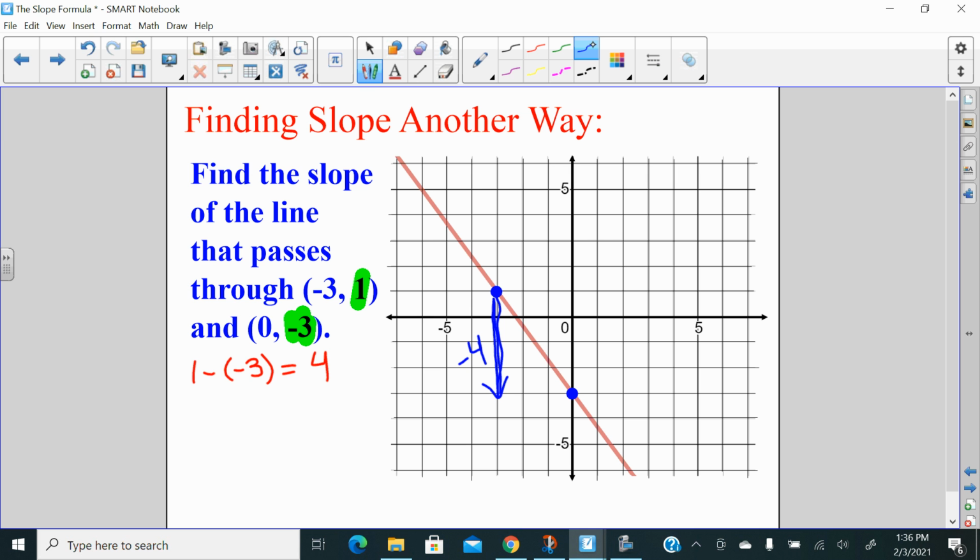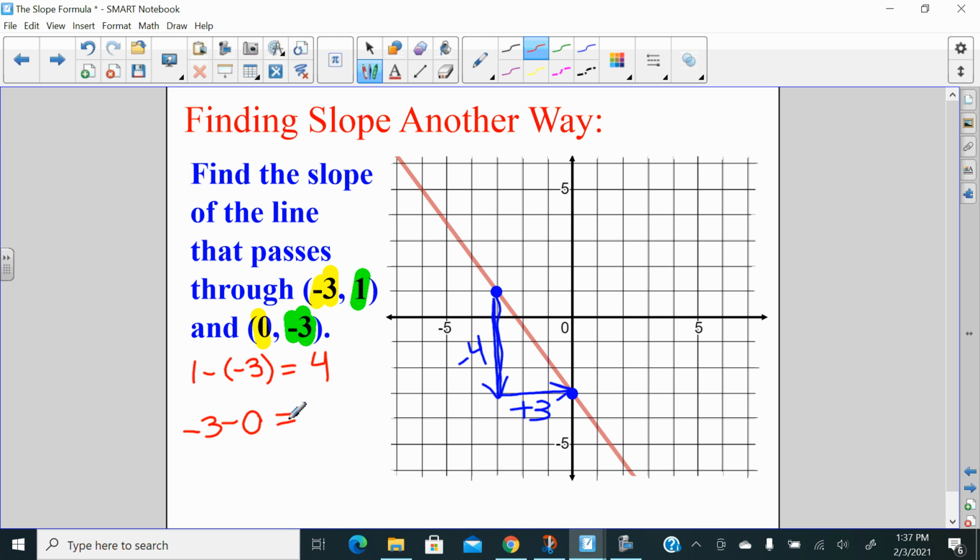Back earlier, when I was counting my slope, I was counting the run this way, and that was a +3. If I didn't have the graph, I would instead take my x values, and I would do -3 minus 0 to find my run.